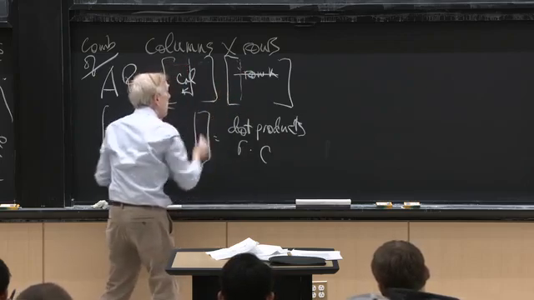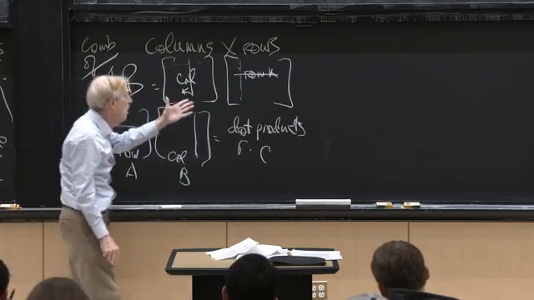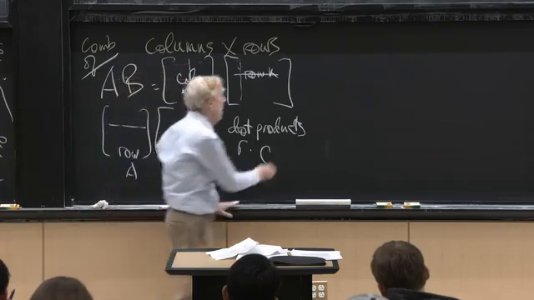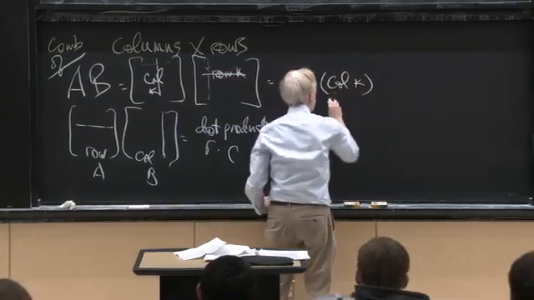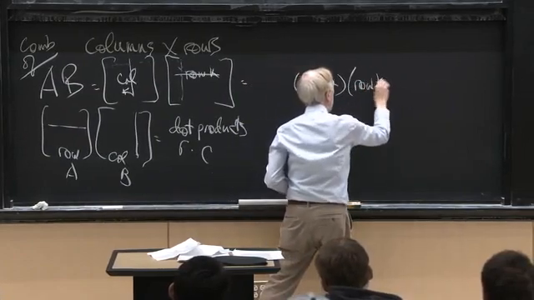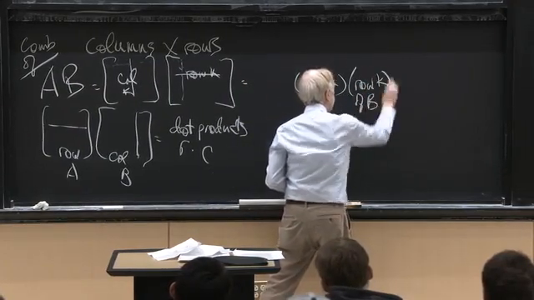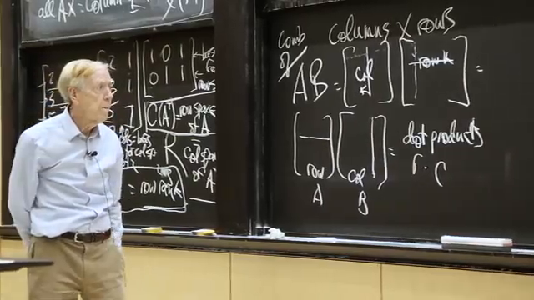So these are connected. So I get things like column K of A times row K of B. And I don't know what notation to use, so I just wrote the words.